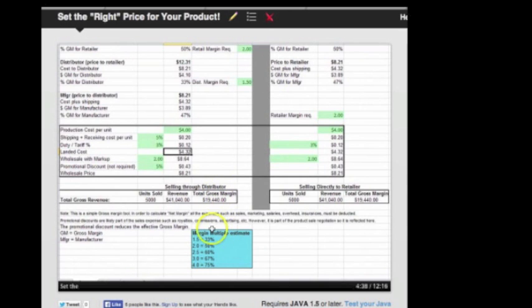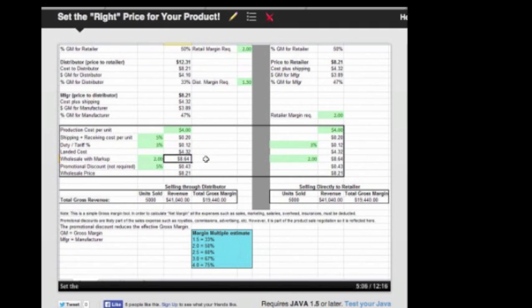So let's just say that you want to make 50% margin on your item. So look down here at the margin multiple estimate key. If you want to make 50% margin on your item, you will need to put the number 2 right here. That will then double your landed cost, which is $4.32, totaling your wholesale with your 50% markup, bringing your cost to $8.64.